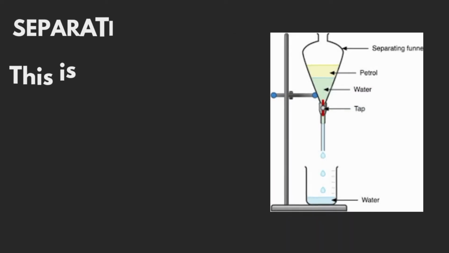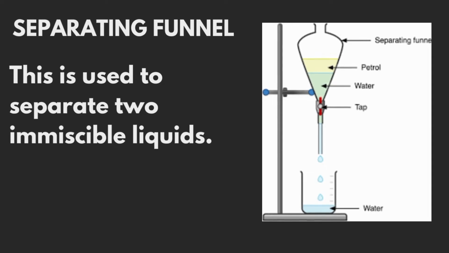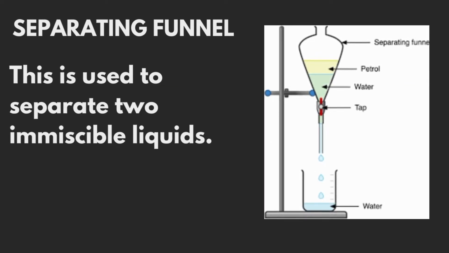So we'll be starting with one of the separation techniques, which is the separating funnel. A separating funnel is used to separate two liquids which do not mix, that is, immiscible liquids. For example, water and kerosene.